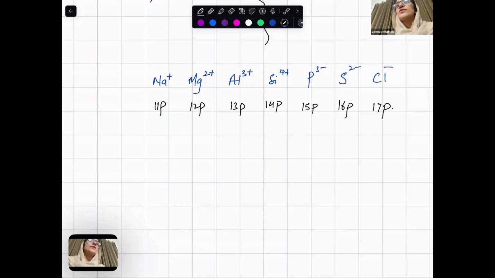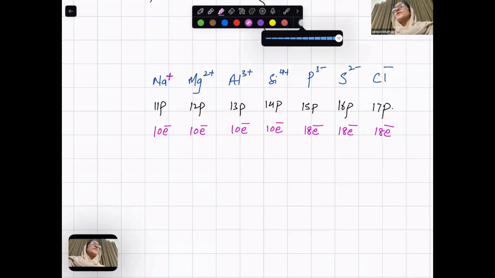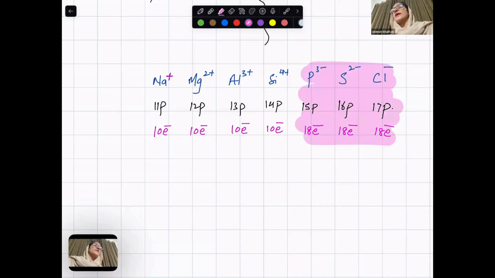What about electrons? 1 plus, 10 electrons, 2 plus, 10 electrons, 3 plus, 10 electrons, and 4 plus, 10 electrons. But what about this one? 3 minus, 15 plus 3, 18 electrons, 16 plus 2, 18 electrons, 18 electrons. You know, they make what? They make anions. They're gaining electrons.